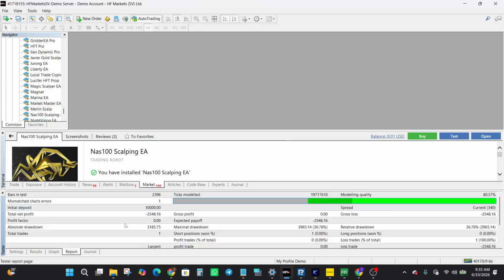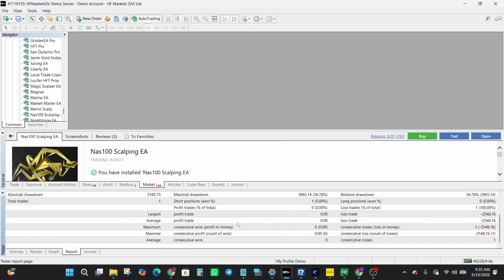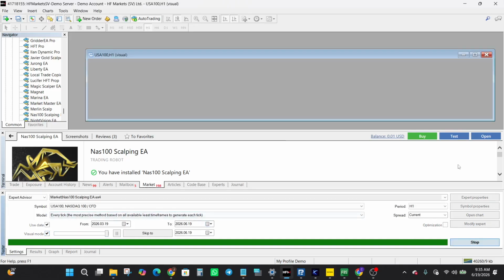All right, so looking at the reports, I can see that from an initial deposit of $10,000, the total net profit was negative 2,548.16. The total trades taken was just one losing trade that deducted the balance by 25%. Okay, so let's turn on the visuals. Let's see this EA in action.